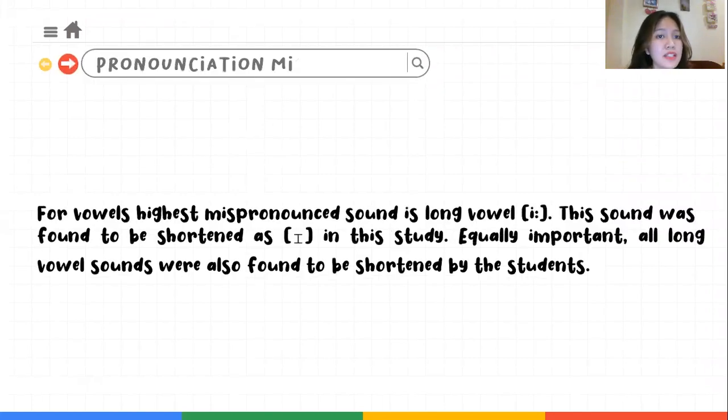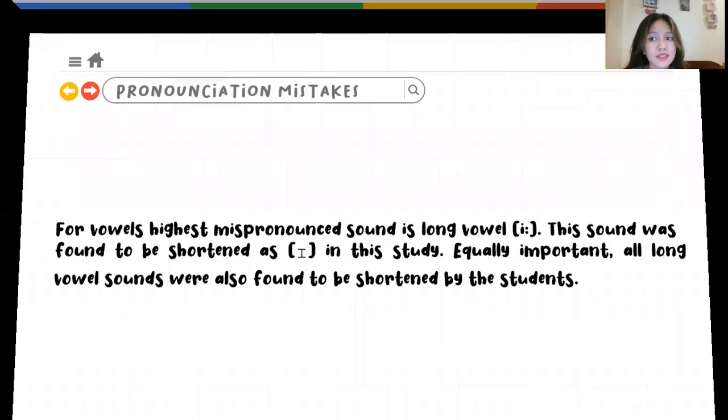Okay, still about pronunciation mistakes, but now we're talking about vowels. For vowels, the highest mispronounced sound is the long vowel i:. This sound was found to be shortened to i in this study. Equally important, all long vowel sounds were also found to be shortened by the students.